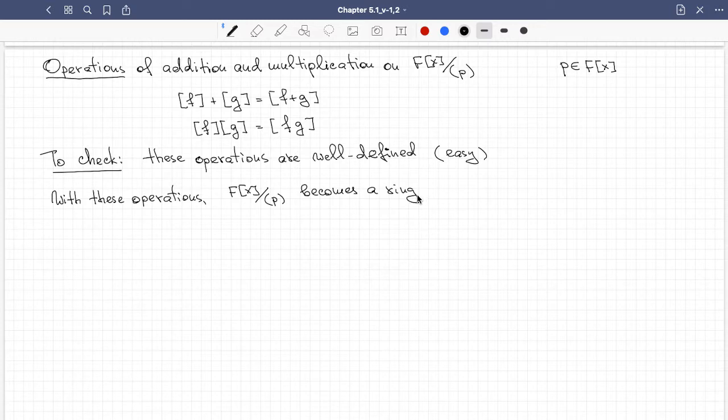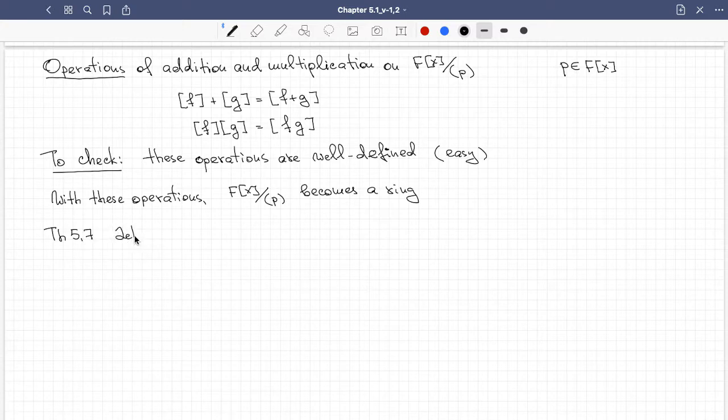This is also a claim to check, that all requirements, all axioms of a ring are satisfied. Altogether, summing up, this is what Theorem 5.7 in the book claims.